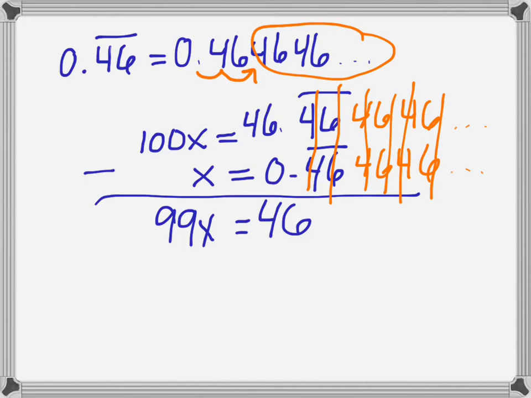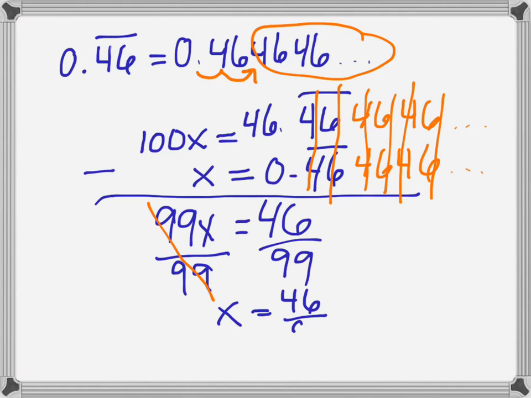All right, and then to solve for x, this is 99 times x, so I would divide by 99. All right, and 99 divided by 99 is 1. So that leaves me with 1x is equal to 46 over 99.